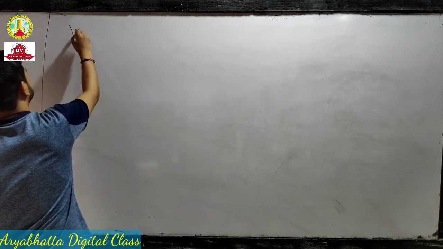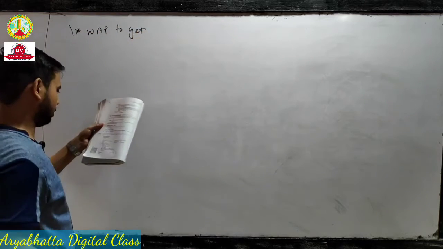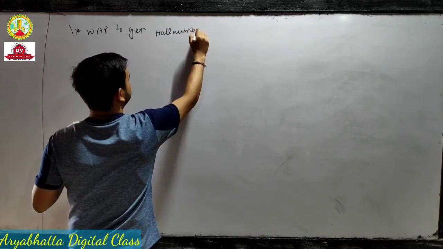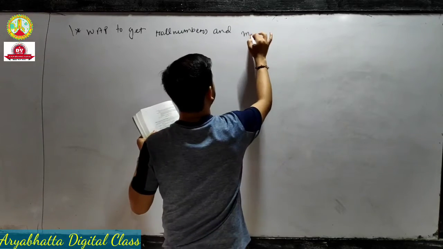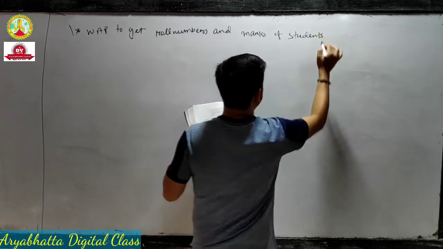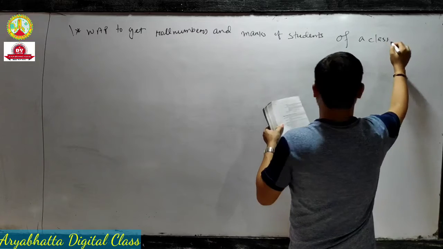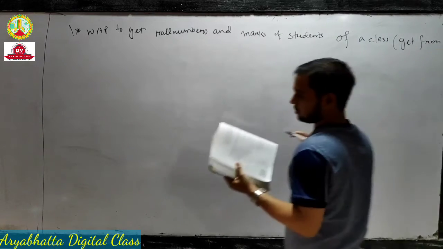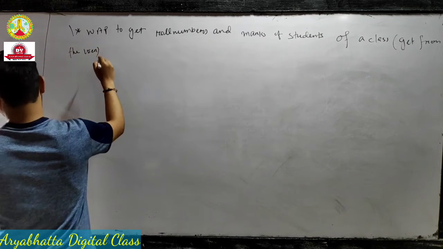First program: write a program to get roll numbers and marks of students of a class from the user, which means we have to input the values of roll number and marks, right?